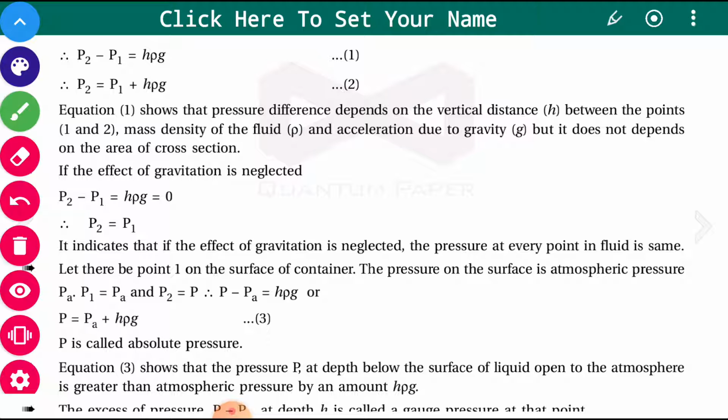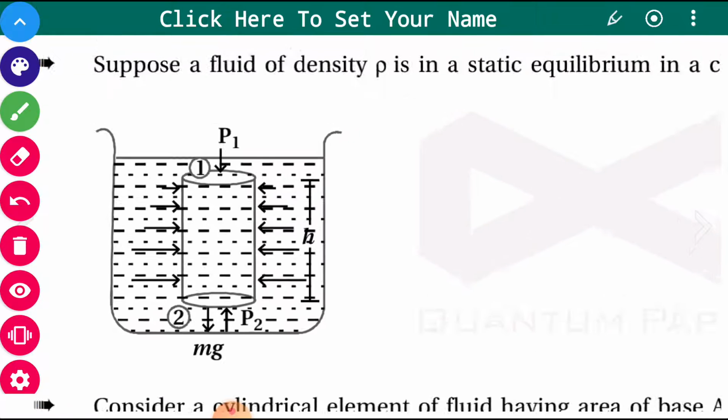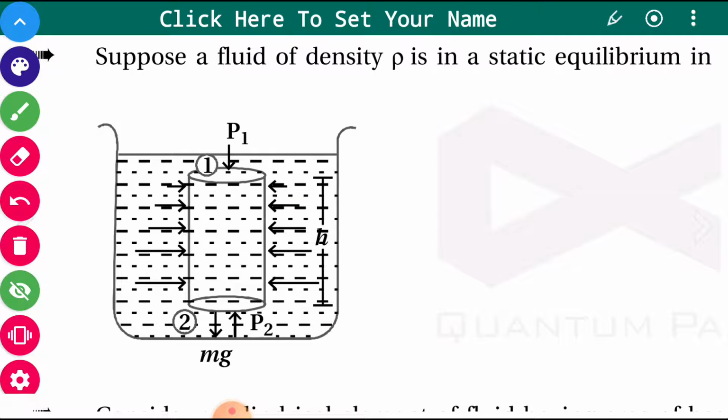Let there be point 1 on the surface of the container. The pressure on the surface is atmospheric pressure, that is PA. Now try to understand this point 1 we are taking here, on the surface of the fluid.